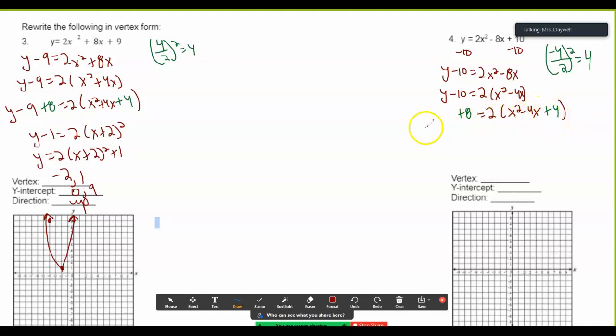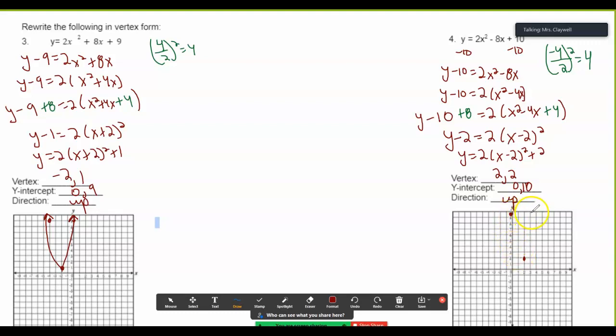So this 2 times 4 is really 8 that I'm adding to the left side. So my vertex is (2, 2).